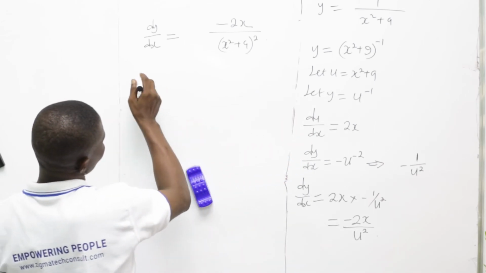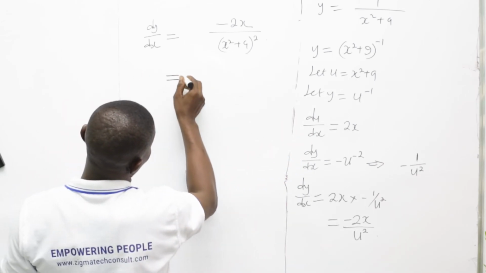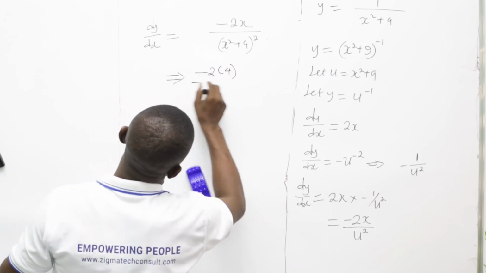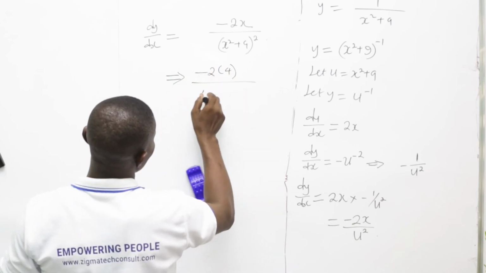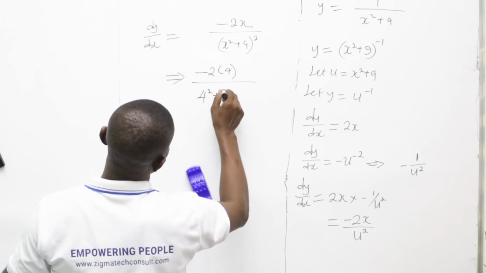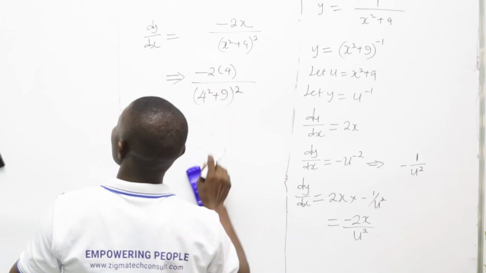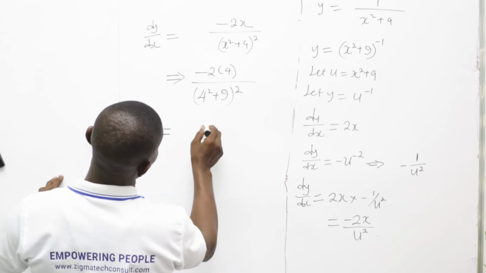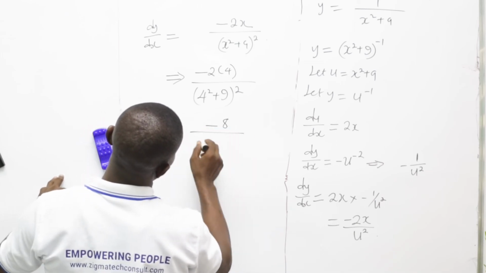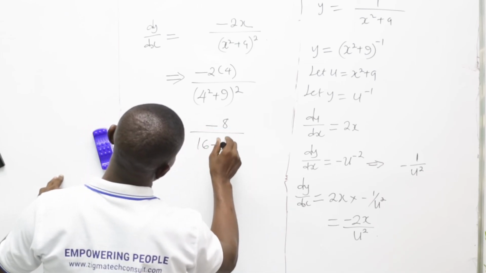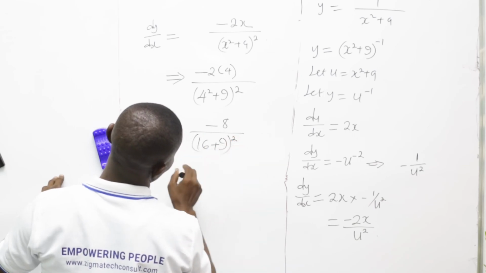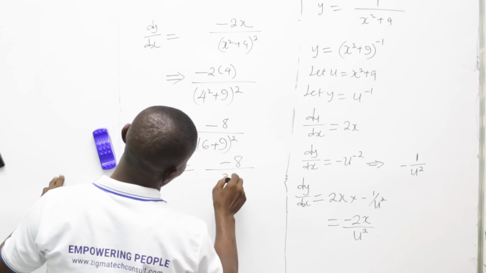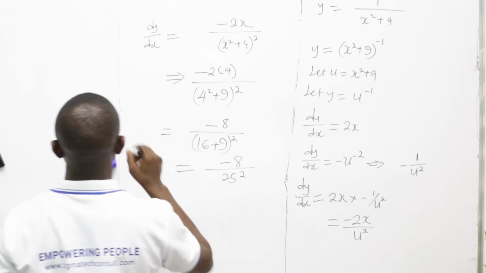So the differential coefficient will now give us, it will imply minus 2 into 4 all over 4 squared plus 9 all squared. Then this will give us minus 8 all over 16 plus 9 all squared, to give us minus 8 all over 25 all squared.